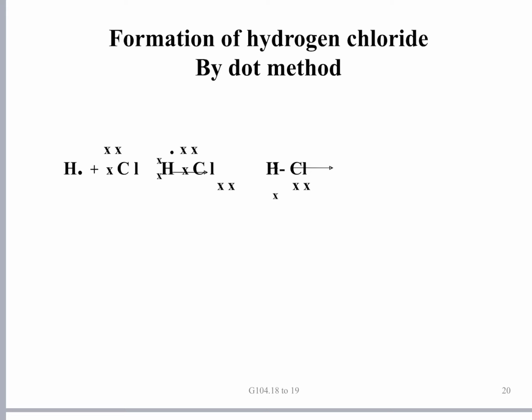In ionic compounds, they are ions. Here there is no complete transfer, but the bonding pair is shared more by chlorine and less by hydrogen. So hydrogen develops a partial positive charge and chlorine develops a partial negative charge.